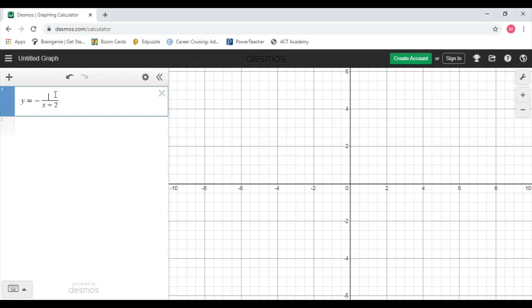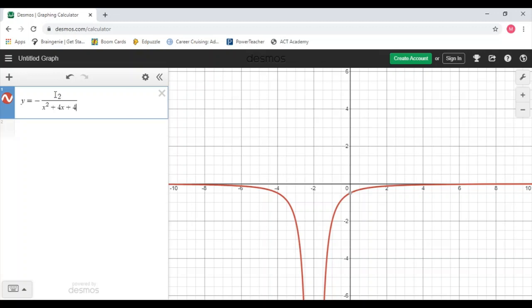So we have 2 over x squared plus 4x plus 4. And can you tell me why my graph doesn't look like it should? Well, that's because I either messed up on the paper or I messed up typing in Desmos.